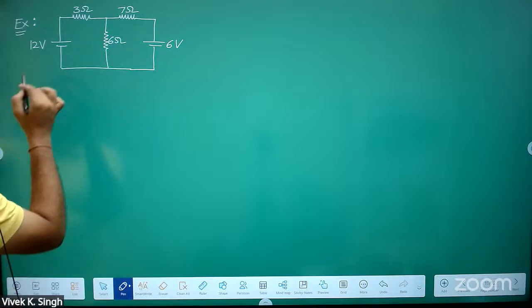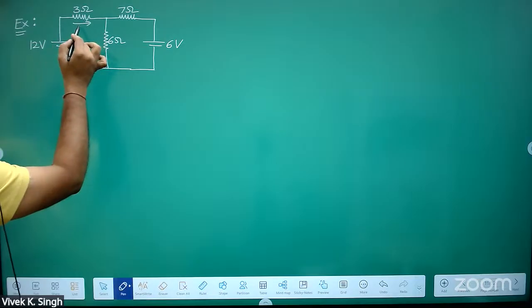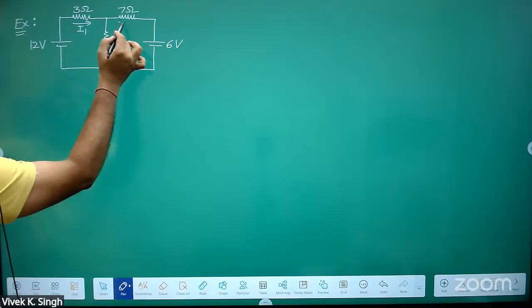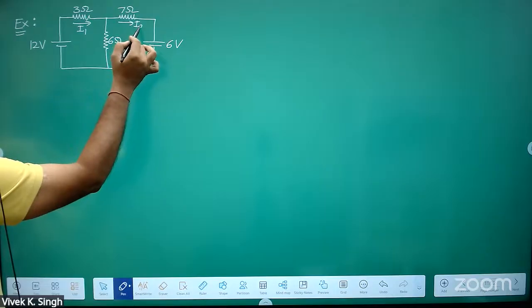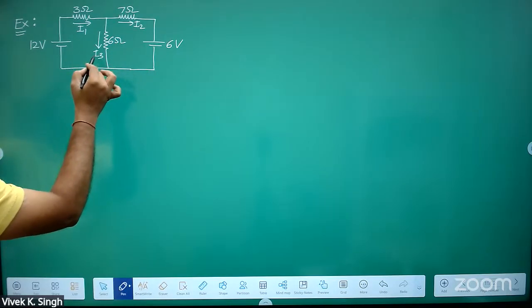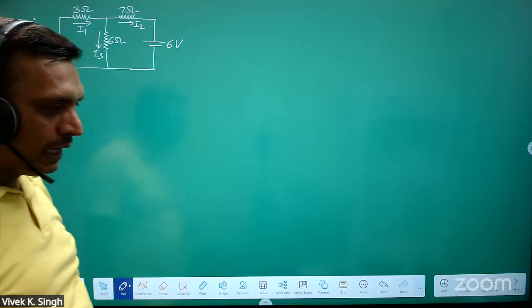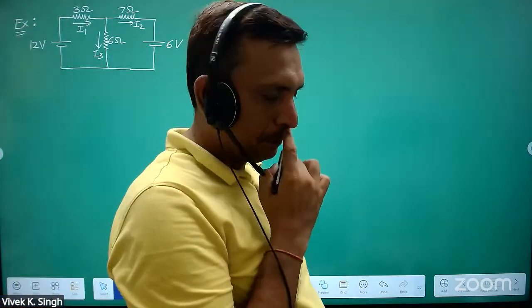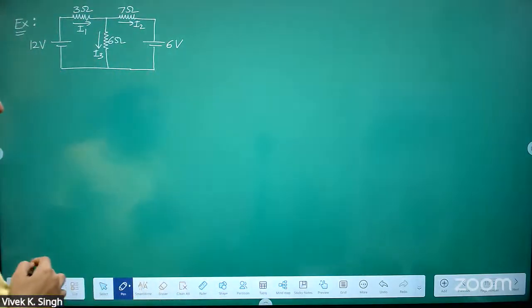Now you have to find current through each element. If you know current, you know the voltage across the element also. Using superposition, you have to find I1, I2, and I3. Okay?